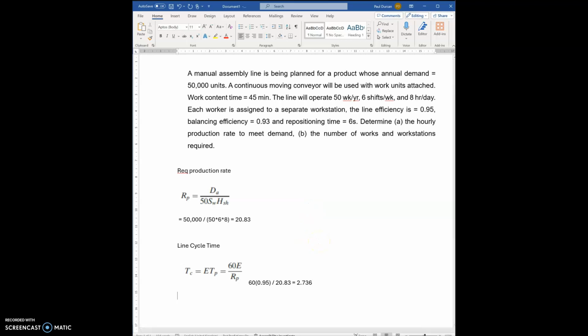And then from that, we look at our service time, which has a simple formula.